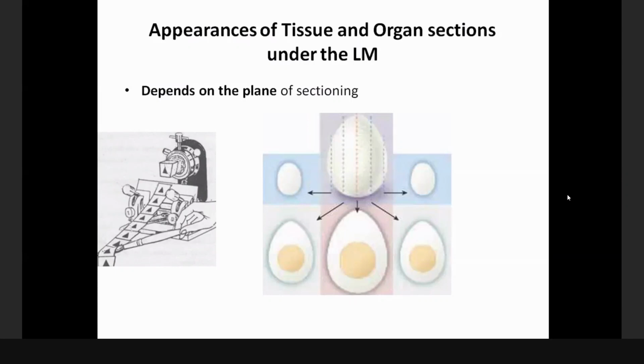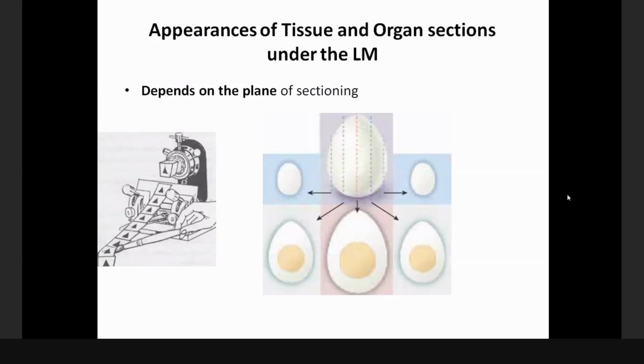Again, as I told you earlier, while we are preparing our tissue block, we have to orient our tissue according to the later required orientation of the section. This is also important for interpretation of the histological slices or photographs you see in the histology lab.